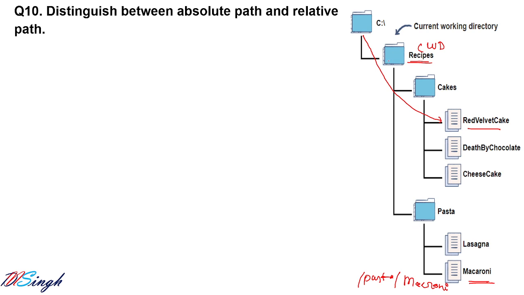But in an absolute path, what will you have to do? You have to give the complete path: C:/recipe/cake/red velvet cake.